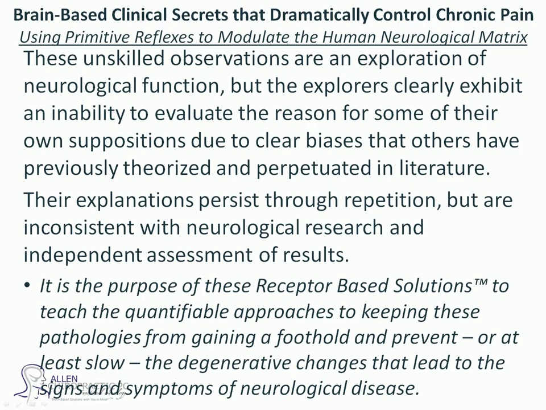That was the main purpose for writing the book Receptor-Based Solutions. I wanted to teach a quantifiable approach to keeping these pathologies, these dysfunctional primitive reflexes, from gaining a foothold and prevent or at least slow down degenerative changes that lead to the signs and symptoms of neurologic disease.